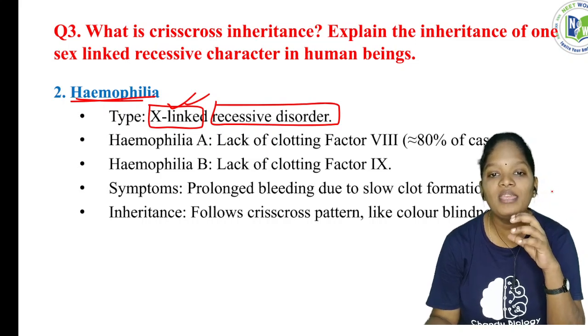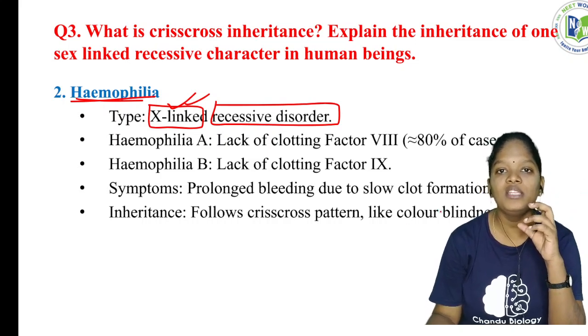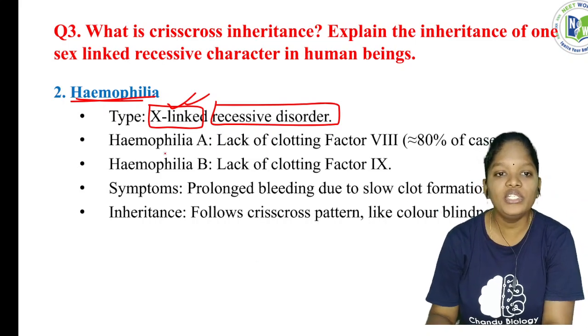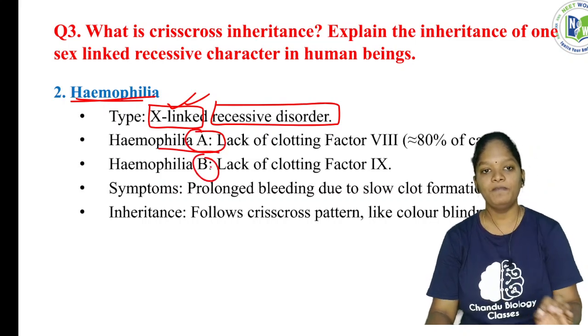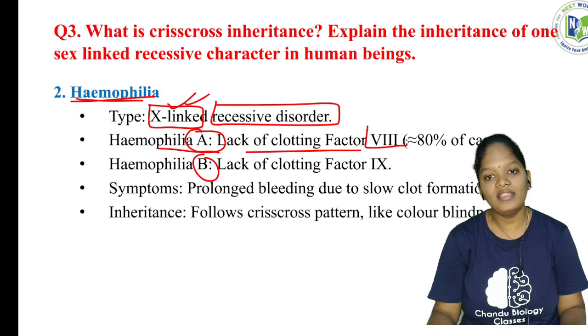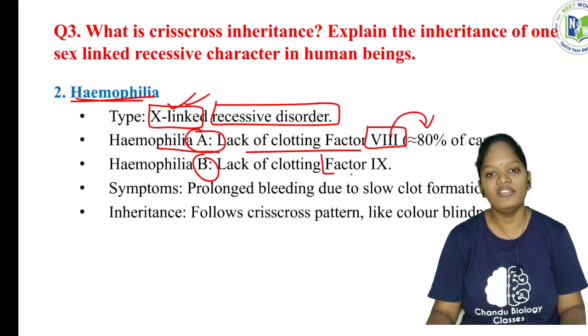And what is the name of the clotting factor? That is thromboplastin. There are two types of hemophilia, hemophilia A and hemophilia B. In hemophilia A, the lack of clotting factor 8 is more predominant, and in hemophilia B, clotting factor 9.